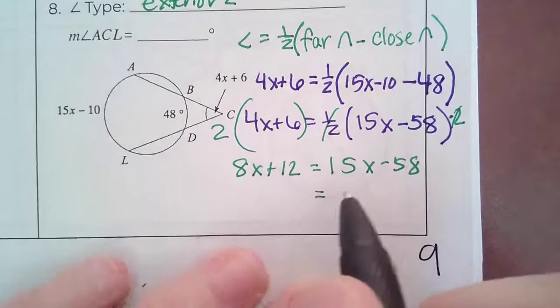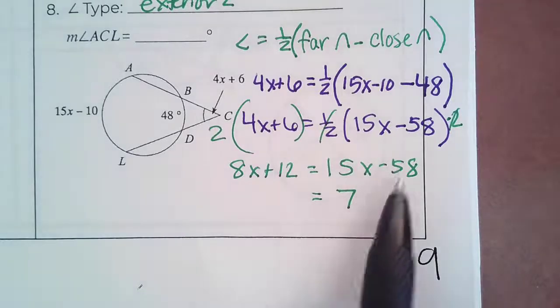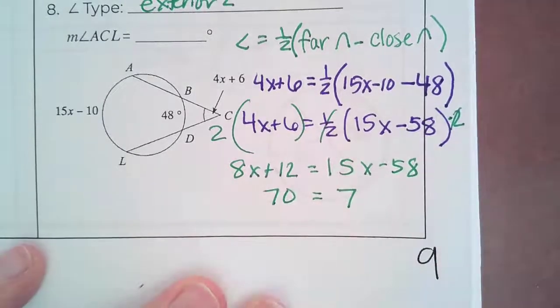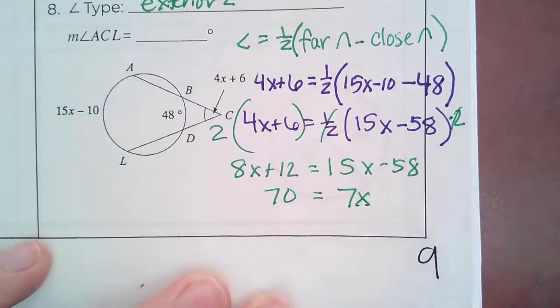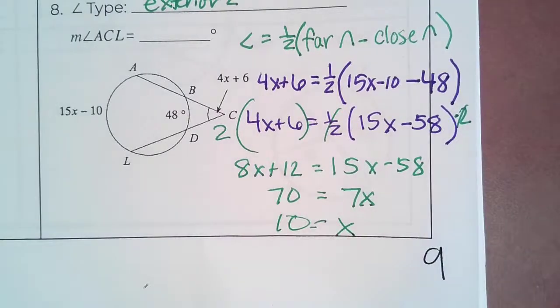Subtract 8x, 15 minus 8 would be 7. 12 plus 58 should be 70. Divide by, I'm missing x, 7x. Divide by 7, so x equals 10.